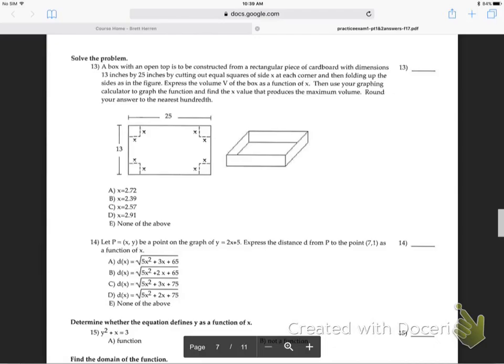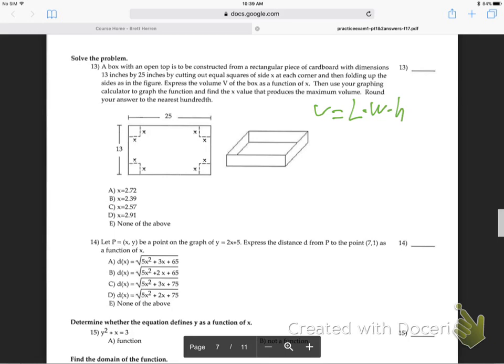So this is our last section of homework we just had. What was it? 2.6? Yeah, 2.6. So basically you're taking the box, cut the corners out, fold it up into a box. So we're supposed to do the volume. They want the volume. Well, what's the volume of a three-dimensional box? Length times width times height.